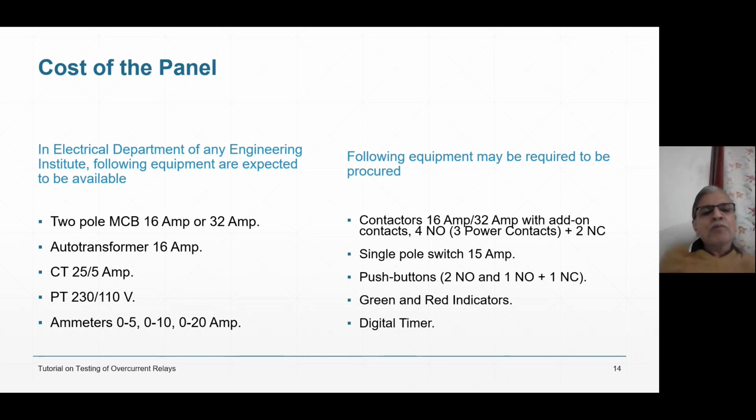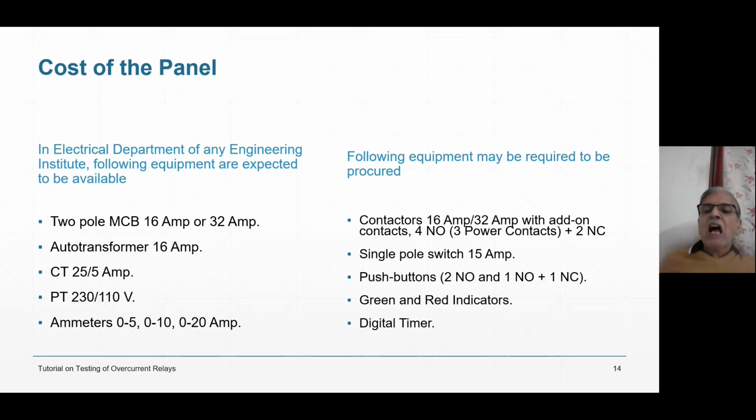So I assume that so many things, MCB, auto transformer, CT, PT and ammeters are usually available in any electrical department of any engineering institute. So you will not have to pay for this. What is usually not available is contactor 16 ampere or 32 ampere with add-on contacts, because usually they give only 3 main power contacts and 1 NO contact.